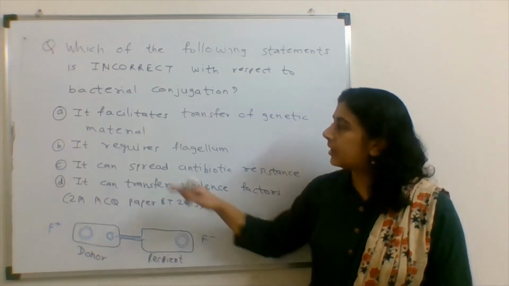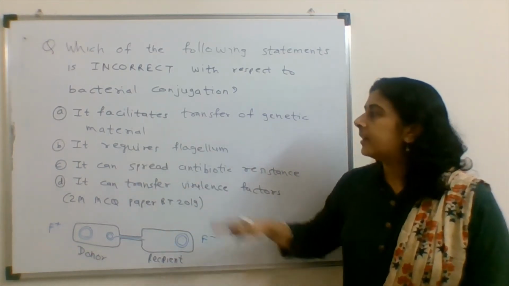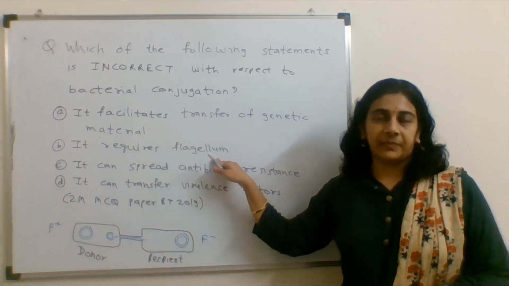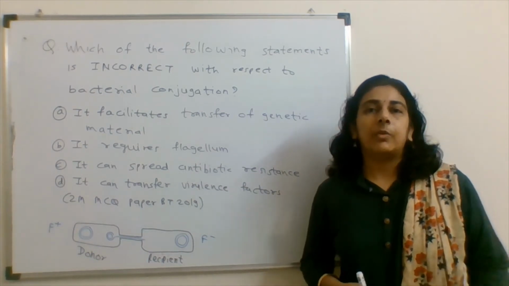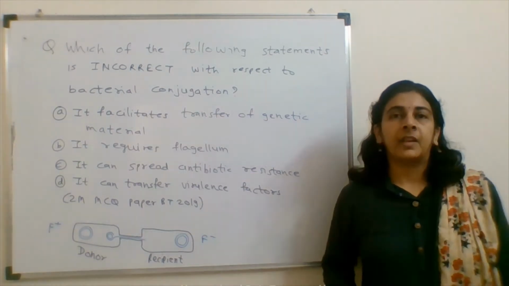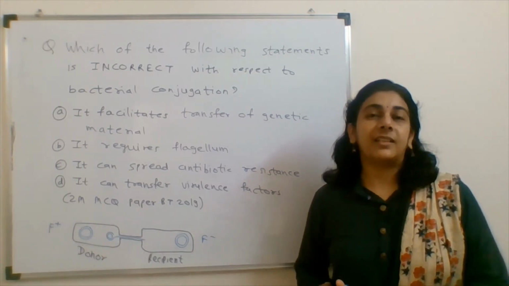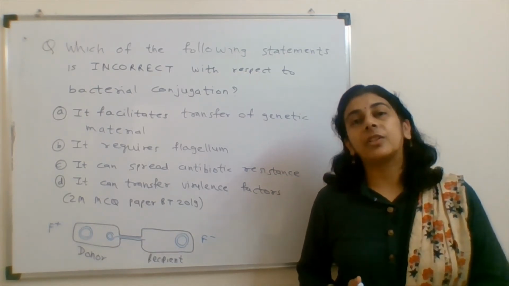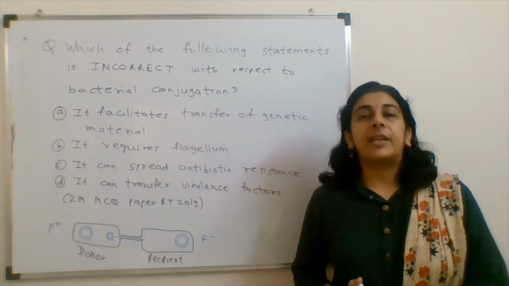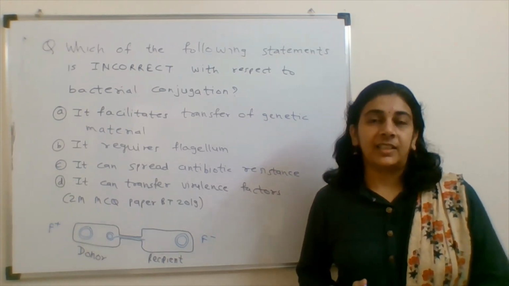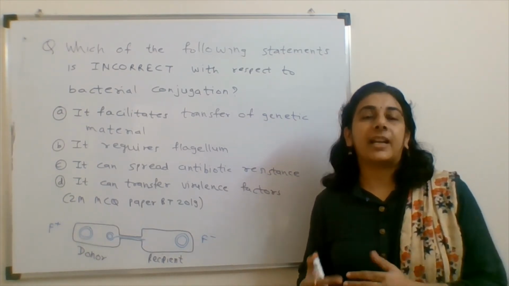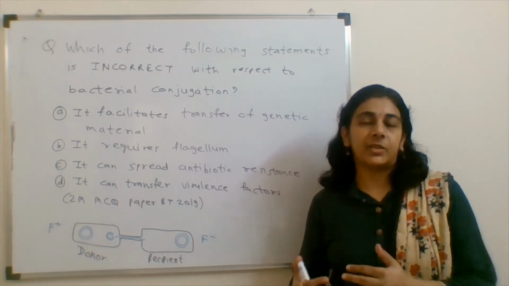Now going to the second point, it requires flagella. So what is flagella? Flagellum is the structure which is present on the bacterial cell and that is required for locomotion. It is made up of the protein flagellin and it can help the bacterial cell to move from one place to another.